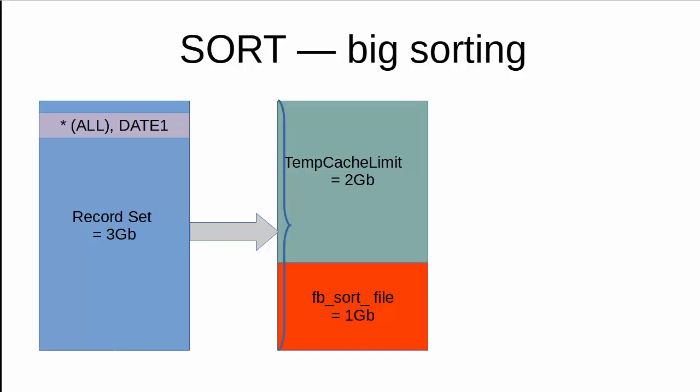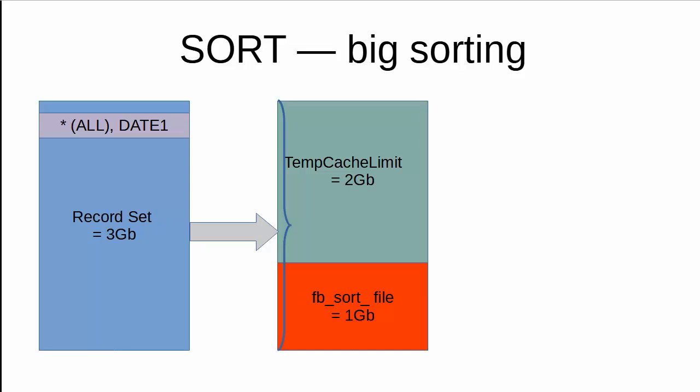However, if we put an asterisk in the query, the record to be sorted becomes really wide, and the record set can be much larger. For example, it is enough to have a 3 gigabyte record set, more than 2 gigabytes, so it will be more than the temp cache limit.